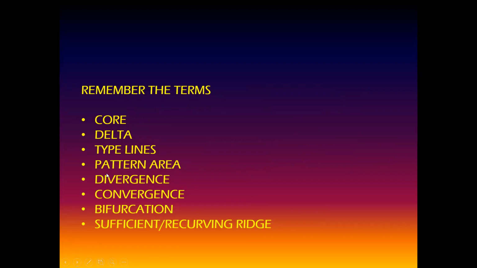But before any classification could be arrived at, it is important that we remember these terms: the core, the delta, the type lines, the pattern area, the divergence, the convergence, the bifurcation, the sufficient or recurving ridge, because these are all important in the determination of the characteristics that we want to identify. The moment that these are identified, we would be using them in arriving at the classification formula.